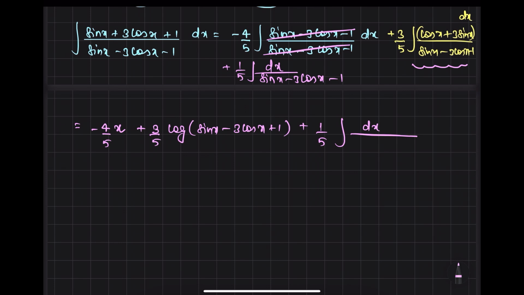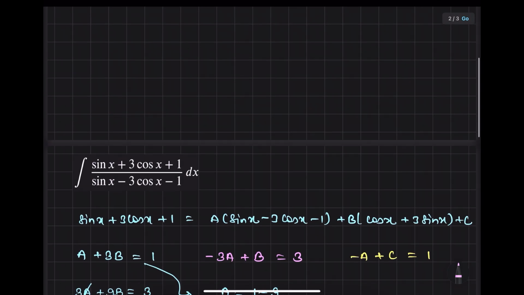You know that we have to convert these questions into tan, so we write 2 tan(x/2) upon 1 plus tan square (x/2), minus 3 times 1 minus tan square (x/2) upon 1 plus tan square (x/2), minus 1. Then we take tan(x/2) as z and things will be done. I hope you got the approach.